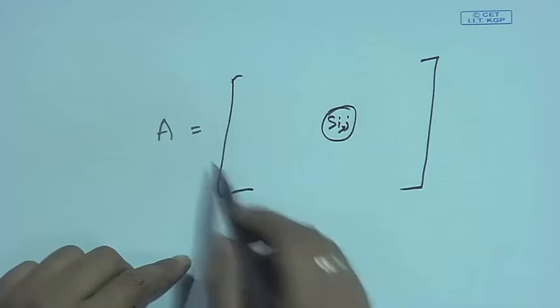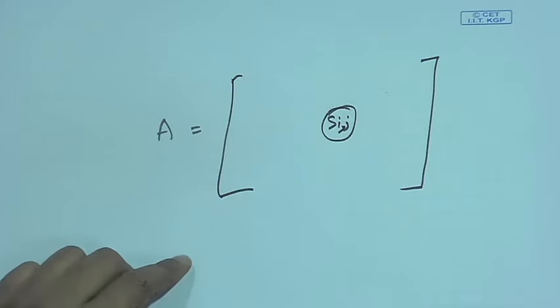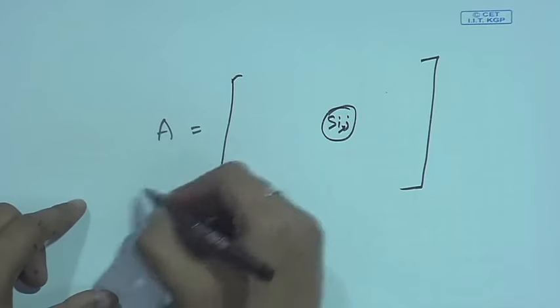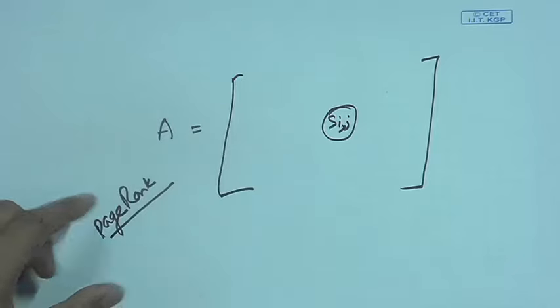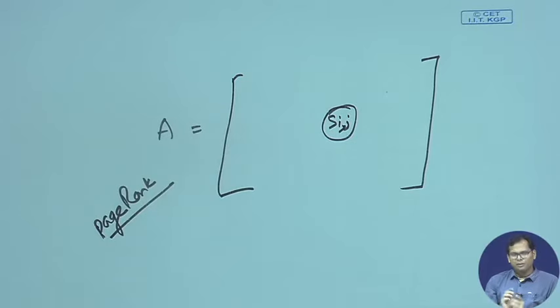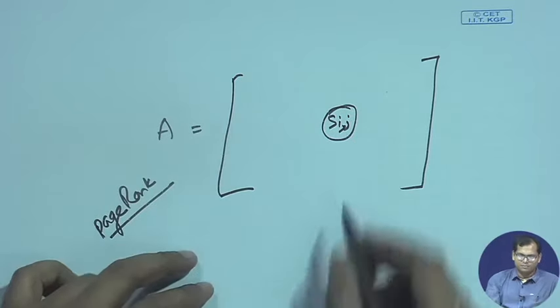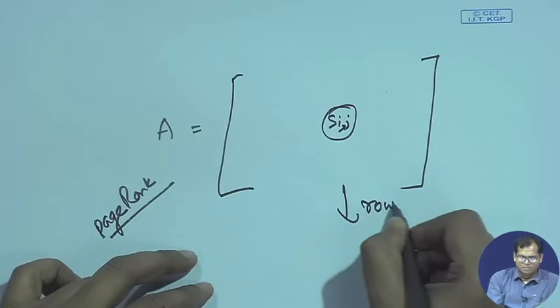So this is an initial matrix. Now to be able to apply the PageRank algorithm, you need to convert that into a row stochastic matrix.